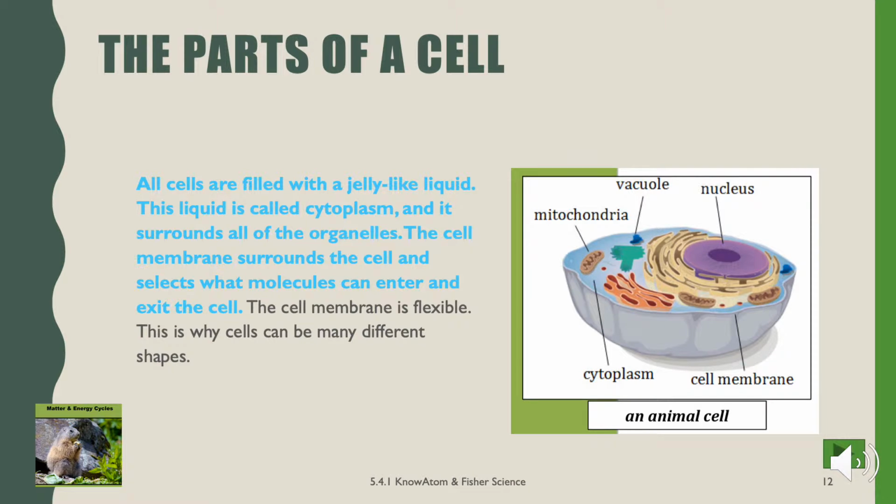It surrounds all the organelles and keeps them in place. And the cell membrane is also surrounding each cell, both animal and plant, and it allows us to understand what is coming in and out of the cell. The cell membrane is flexible, so cells can take many different shapes.